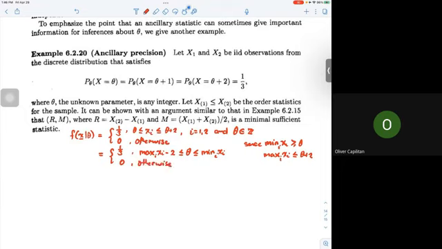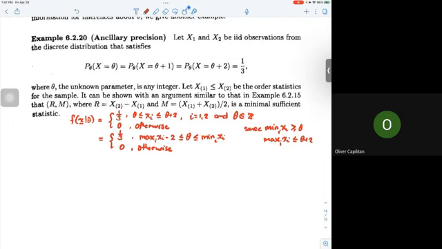Okay, so if we want to show that the statistic containing the components range and mid-range is a minimal sufficient statistic, we're going to show first that the first order statistic and the second order statistic is a minimal sufficient statistic. So we have this ratio of PDFs, given these two sample points x and y.